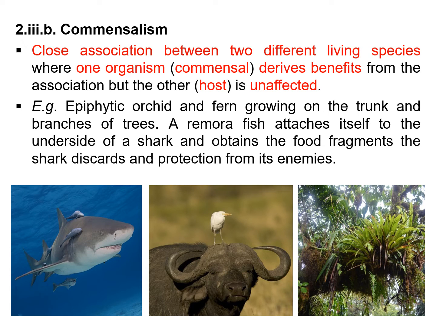The second class under symbiosis is commensalism. Commensalism can be defined as a close association between two different living species where one organism, called the commensal, obtains benefit from the association, but the other, known as the host, is unaffected.